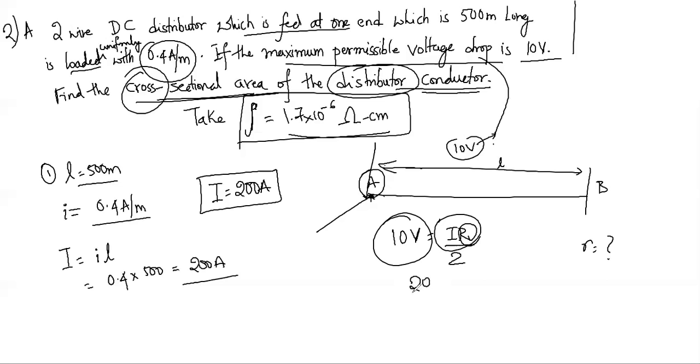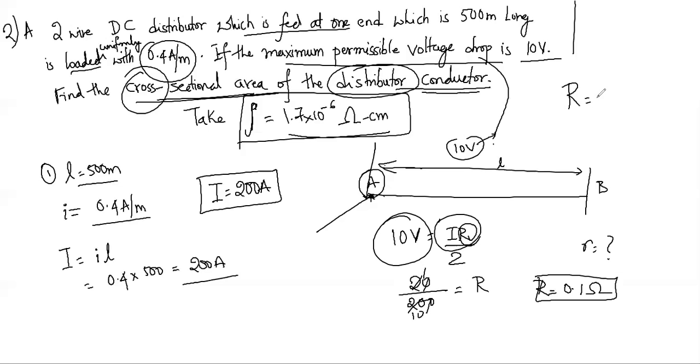So 20 divided by 200. I'm writing out directly. R will be equal to 1 divided by 10, so capital R is equal to 0.1 ohm.